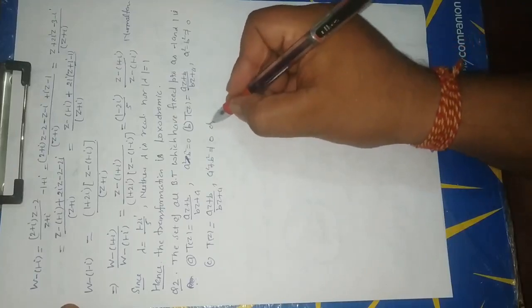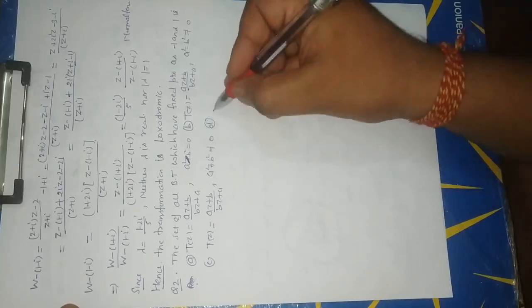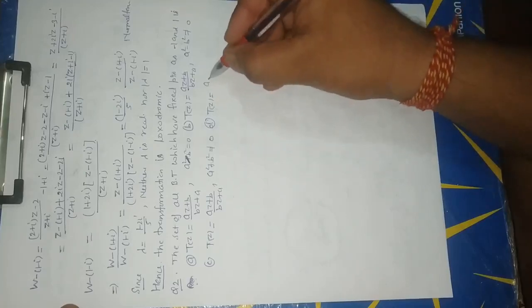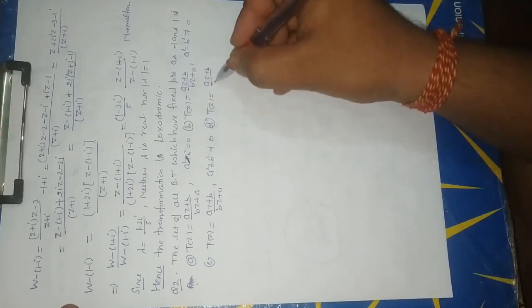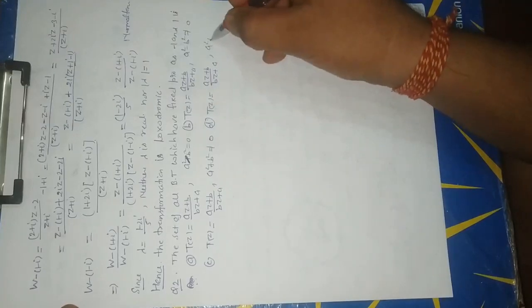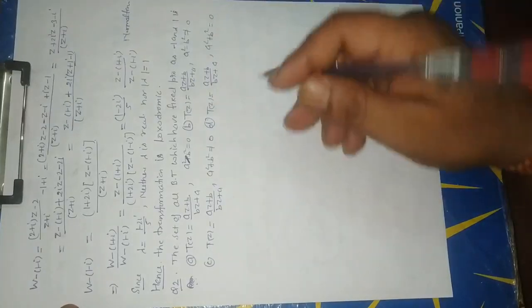Now D part, w is equal to T(z) equal to (az plus b) upon (bz plus a), where a square plus b square is equal to 0.